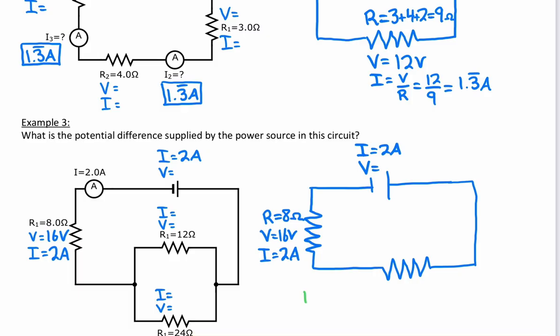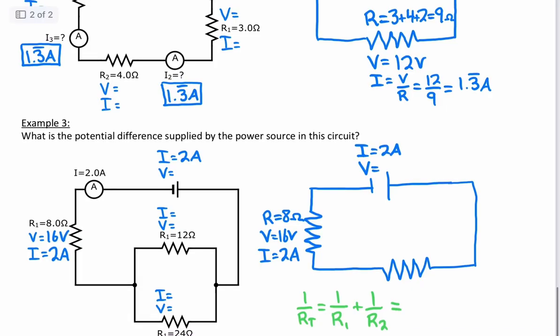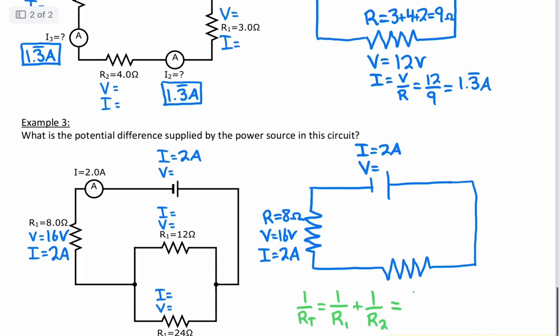So 1 over R total equals 1 over R1 plus 1 over R2. And then we would continue for R3 and R4 if we had them, but we've only got 2 resistors that we're combining here. So R1 is 12 ohms.